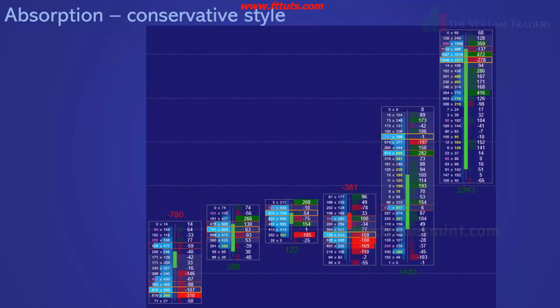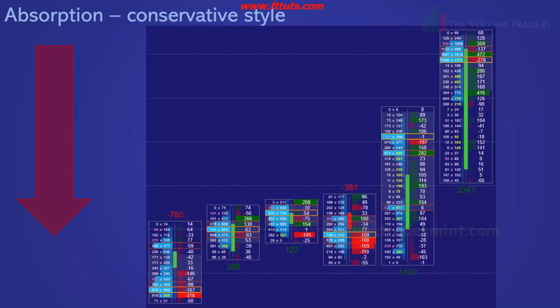So some theory, about the first way, the conservative, the most basic. Absorption of sells, so when price is going down, appears when aggressive sellers meet passive buyers.